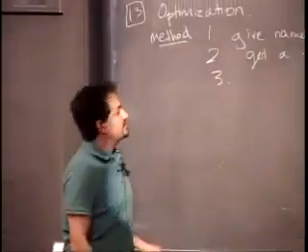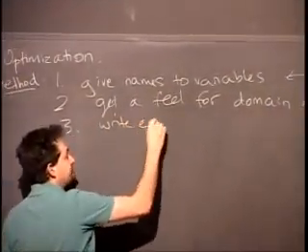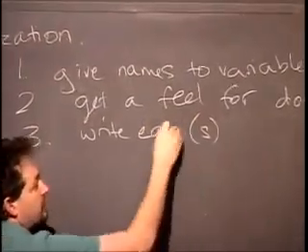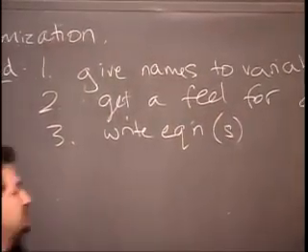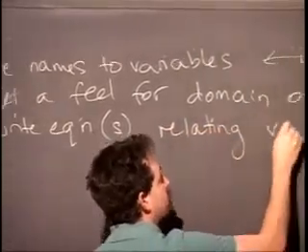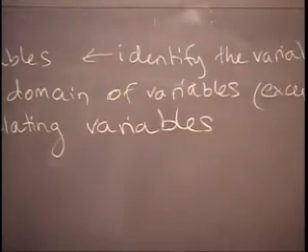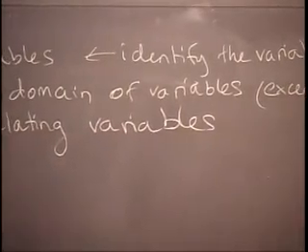So step 3 is write down equations, or maybe one equation, relating the different variables. You may have to use geometry for that. It may be told to you in the question. Who knows?